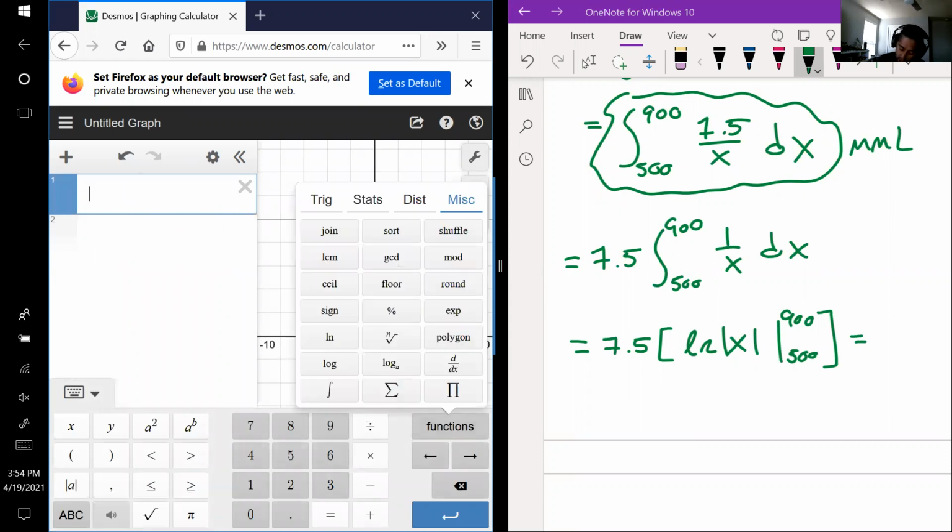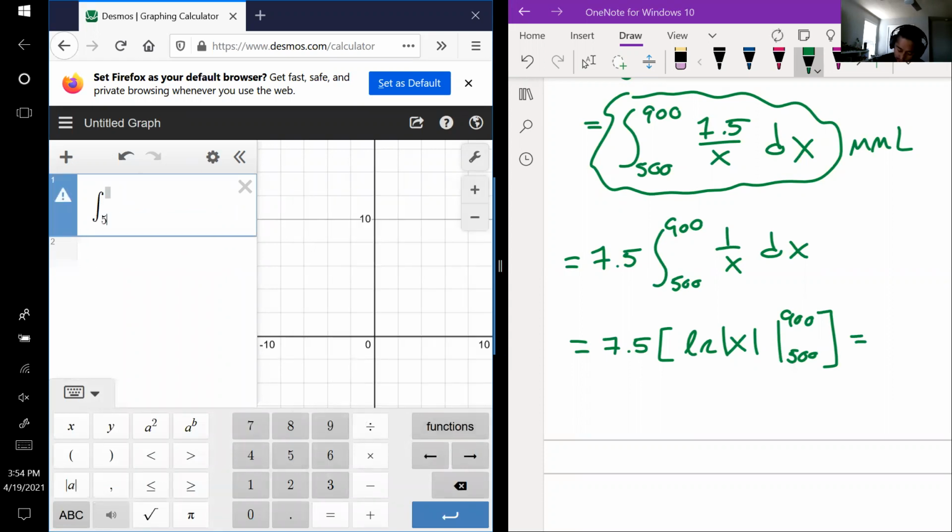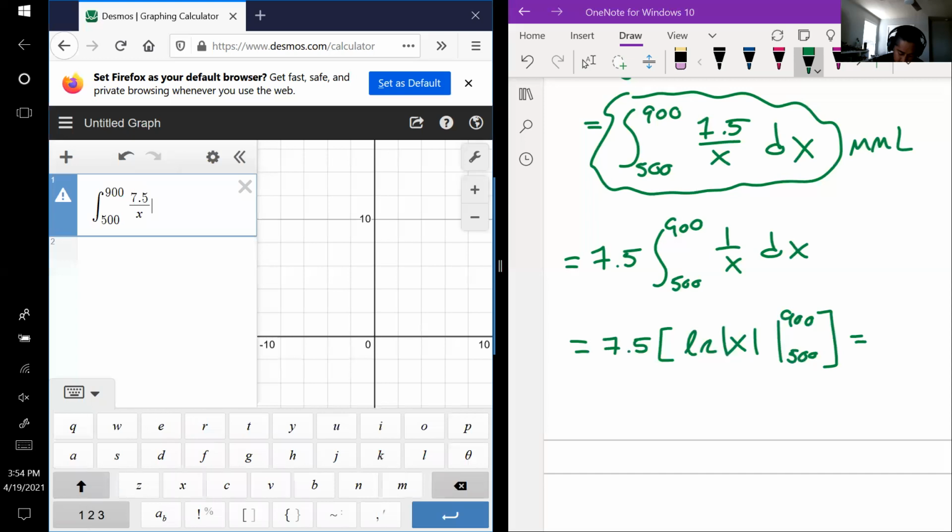So here we'll do integral, 500 to 900 of 7.5 over x dx. There we go. And to 2 decimal places, we get 4.41.